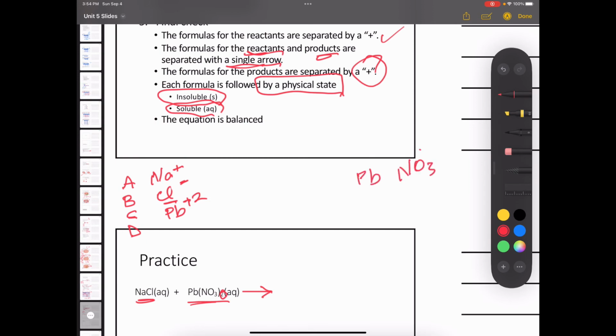Because remember, the NO3 is a negative 1, right? So the fact it's a 2 in here means this 2 must have come from the oxidation number for the lead. That's how we write the molecular formula for the lead nitrate.